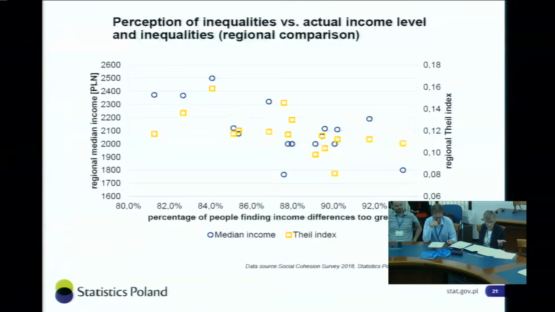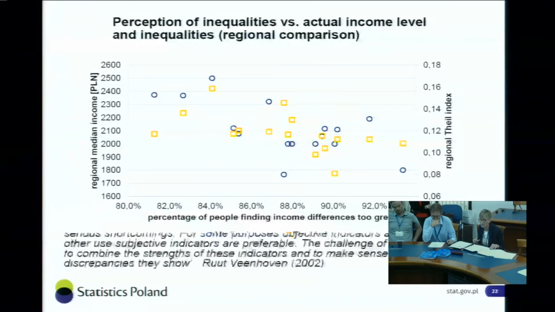In general, the lack of acceptance of income inequalities was greater in regions with a lower level of income and a relatively low level of inequality than in voivodeships with high values of the income inequality index, but relatively higher levels of income.